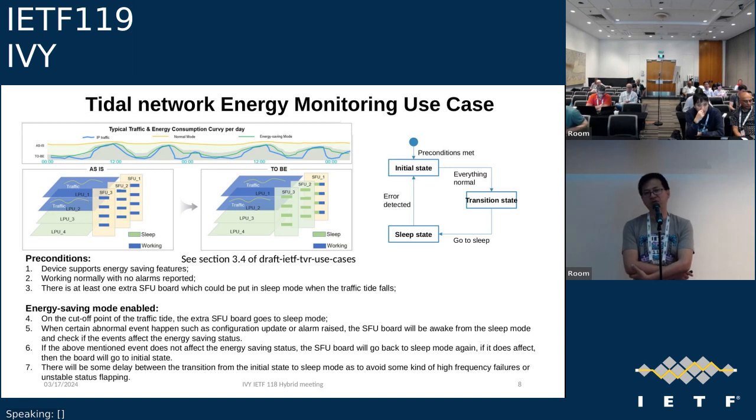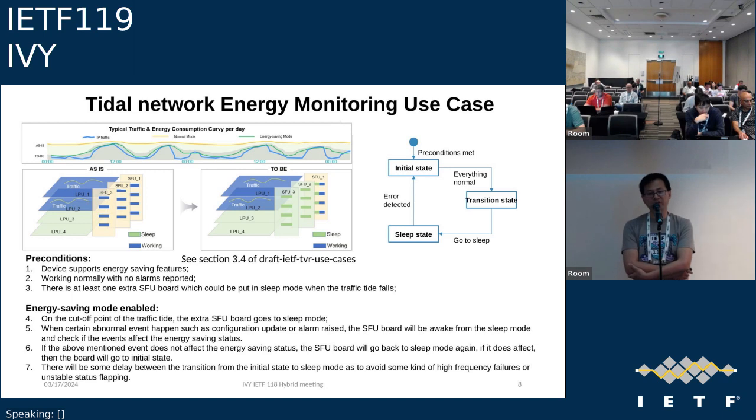But we allow some transition stage, allow some delay from the initial state to the transition state, so we can try to avoid frequent, high frequency, concurrent failure, or we can call this energy saving status flapping. So that's the general idea of how this can be used in this specific use case.